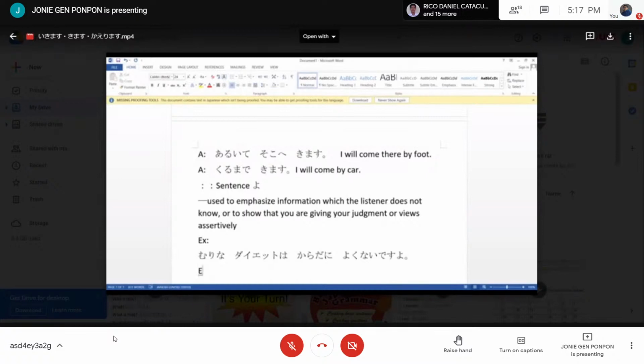So excessive or parang ano ba tawag na muri? Impossible diet. Yeah, muri is impossible. Basta excessive dieting, yung parang sobra sa pagda-diet. It is not good for your health.